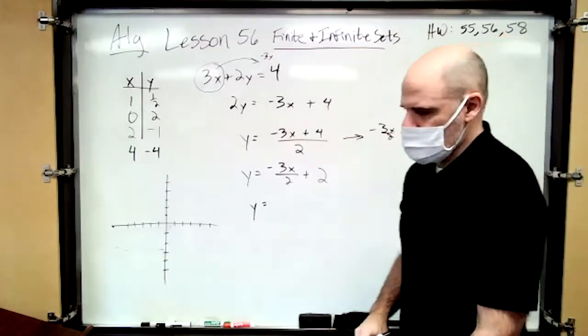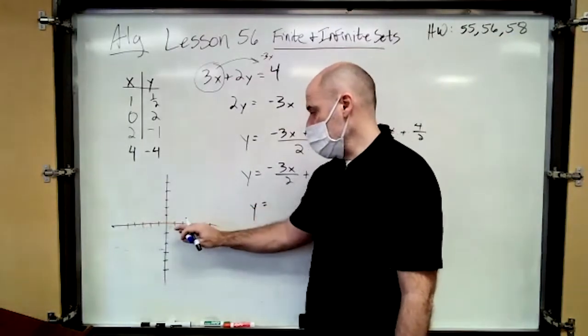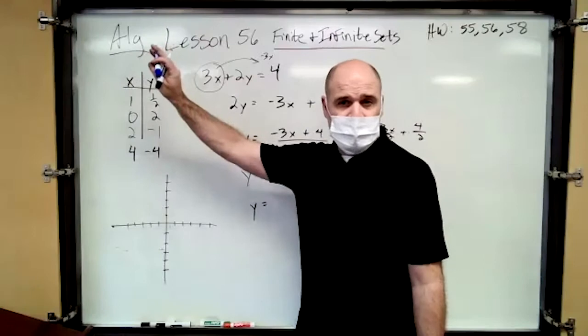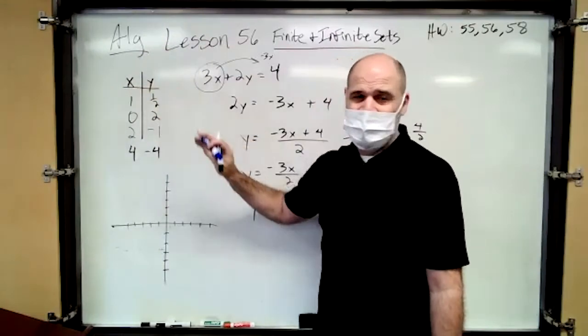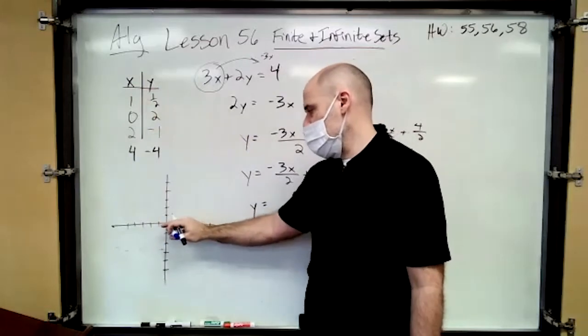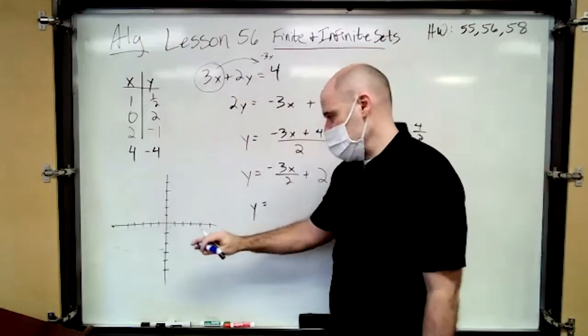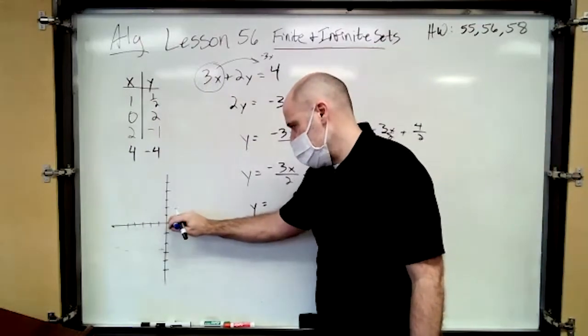Yep. So which one's the x? Yep. So we go over 1. So if it's listed your x and then your y, then you go left or right first, this much. So positive 1 means 1 right. And then positive 1/2 in the up or down thing means up 1/2. So this would be about right there.